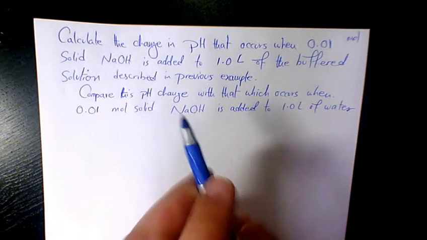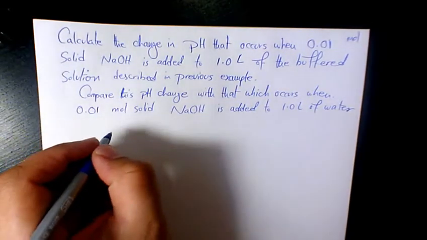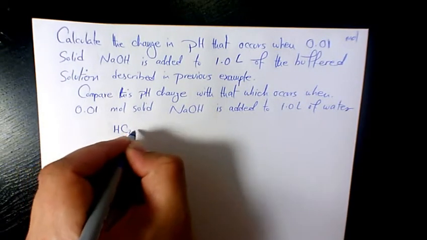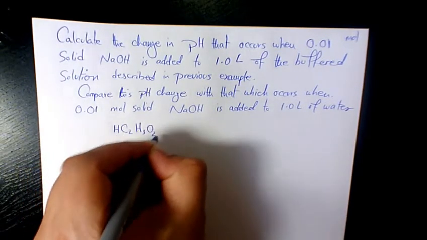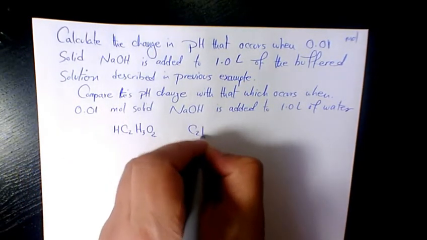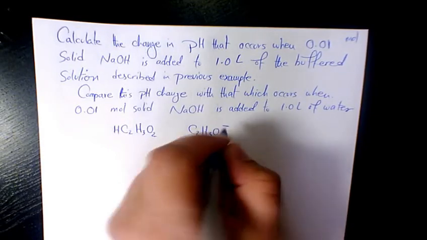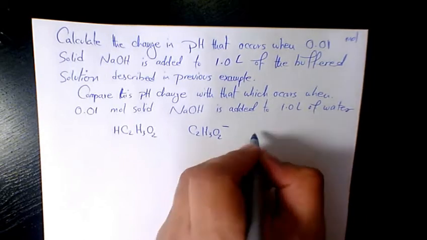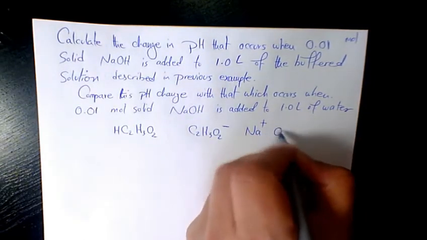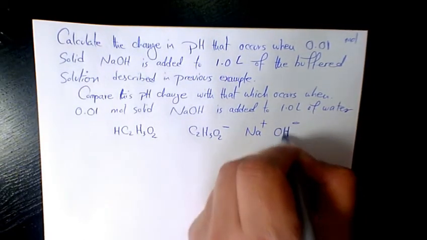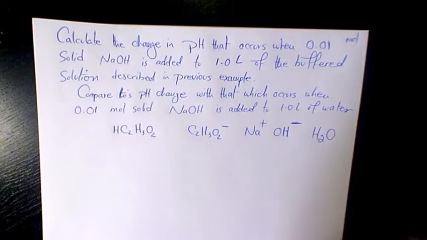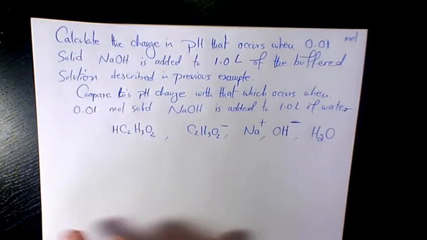Let's do the first part for now. As you remember, in the previous part we had acetic acid, we had acetate, and here we are adding NaOH. NaOH is dissociated completely in the aqueous solution, and of course we have water, which doesn't change anything.